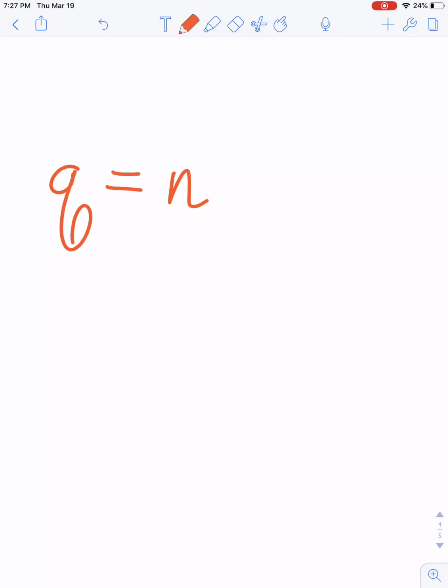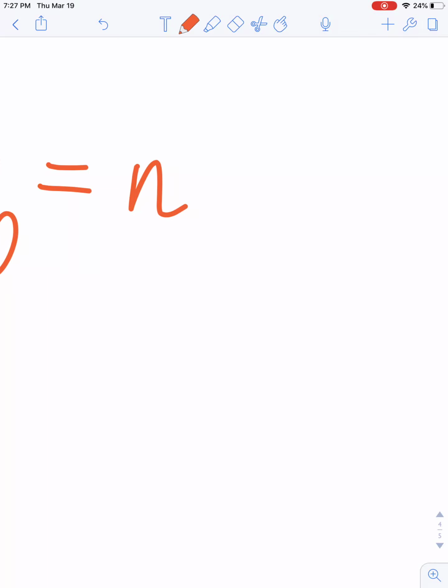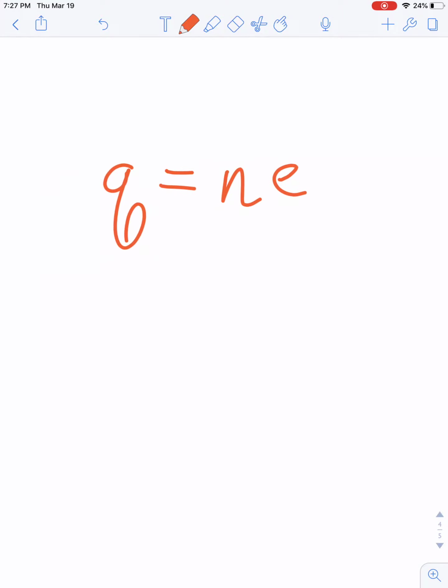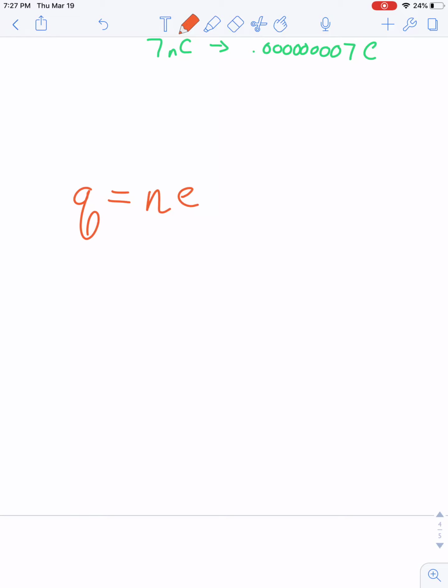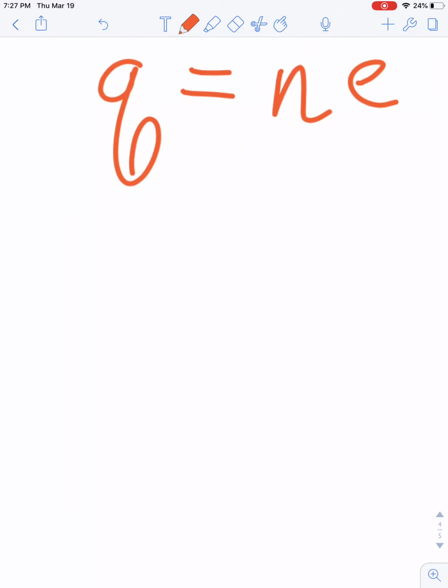Well, how much charge does it have then? If each excess proton carries a charge of 1.6 times 10 to the negative 19th, also known as the elementary charge, then it's simply the number of protons or electrons multiplied by the elementary charge, which is the charge that each one carries.